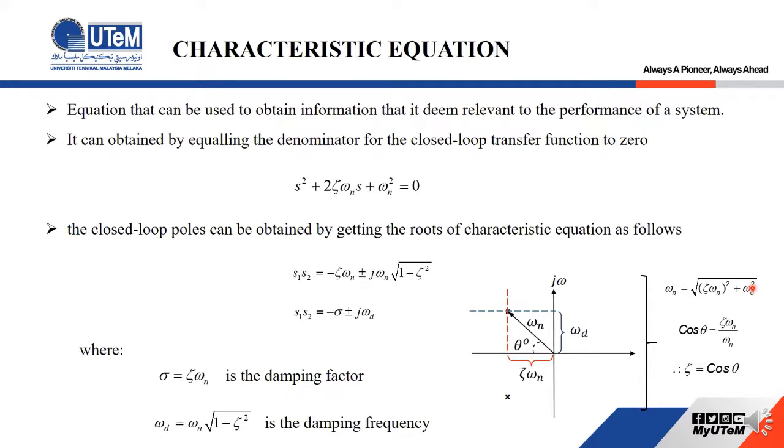The angle from here to here we call theta. Based on this value of theta, we can calculate zeta, where zeta is equal to cos theta. This value of theta we can also get from the Pythagorean theorem.